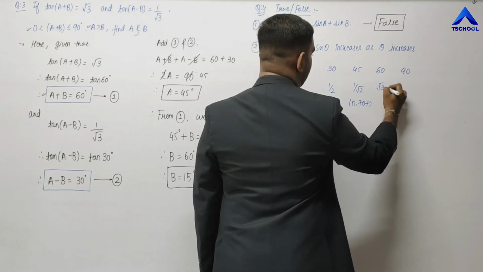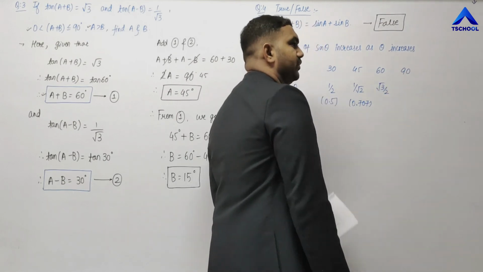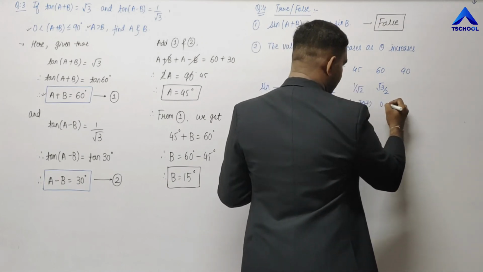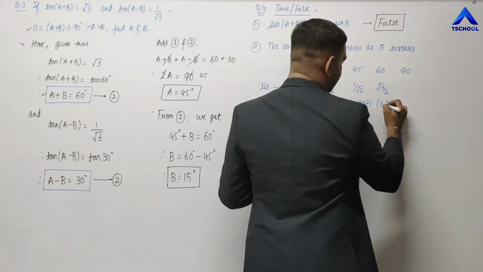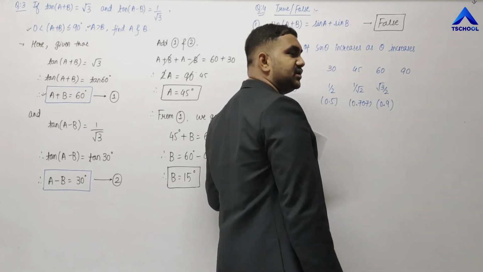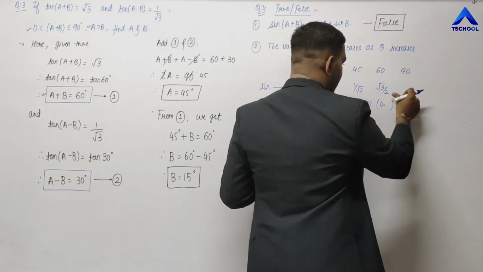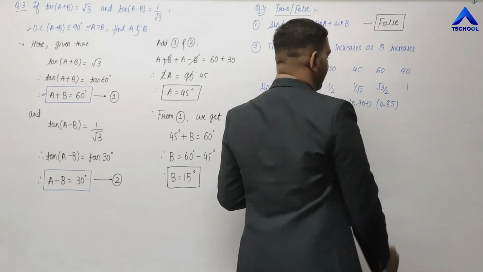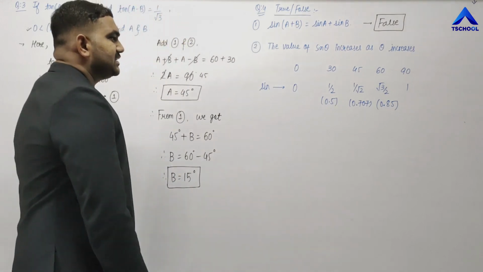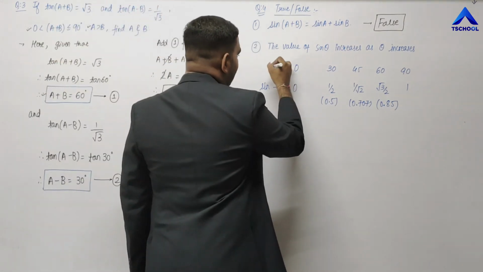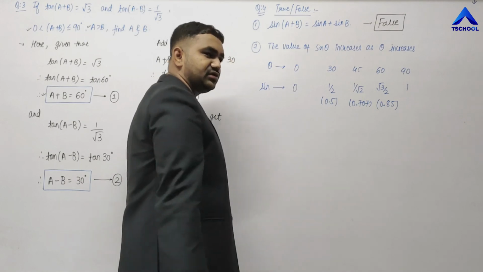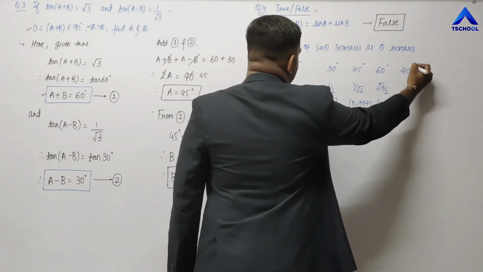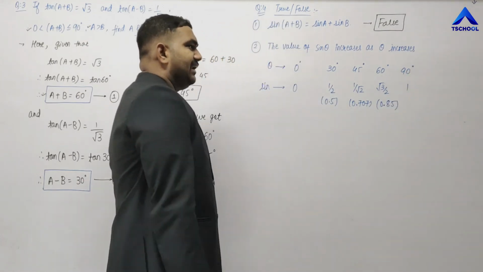Then sin 60 is root 3 by 2, approximately 0.85, and sin 90 is 1. So as theta increases, this is the value of theta: angles 0 degree, 30 degree, 45 degree, 60 degree and 90 degree. These are the values of theta.